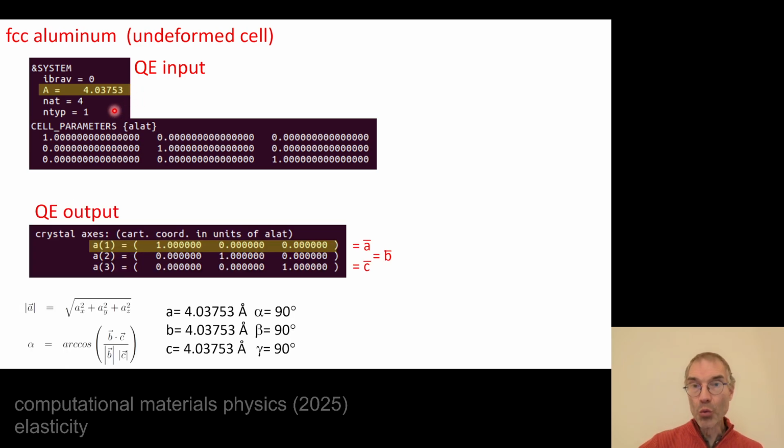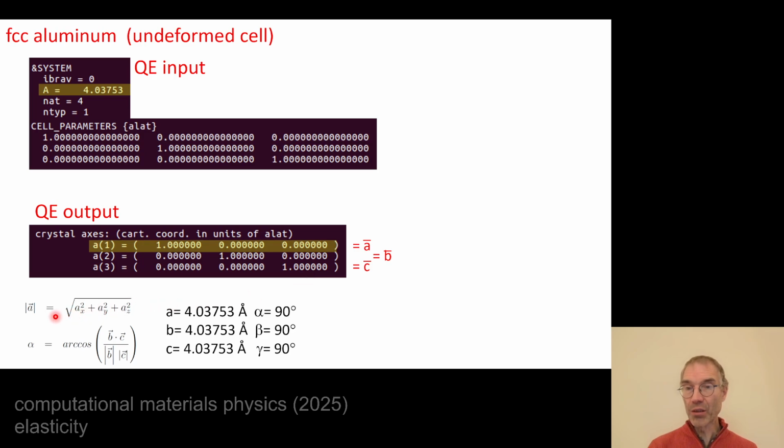And if I would do a Quantum ESPRESSO calculation, just an SCF type of calculation, and I look in the output file, then I will see this information mirrored. Here we have the A lattice vector with 3 components, and it's only the x component that is non-zero, and likewise for the B and the C lattice vector.